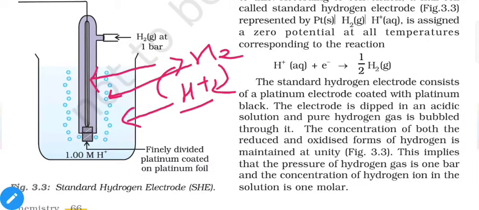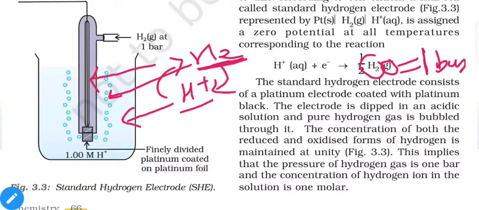The concentration of both the reduced and oxidized forms of hydrogen is maintained at unity. H2 is the reduced form of hydrogen, and its concentration has to be in unity. But as we can see, we have the gaseous state of H2. That means as a concentration we will use pressure, and the pressure in unity is equal to 1 bar.